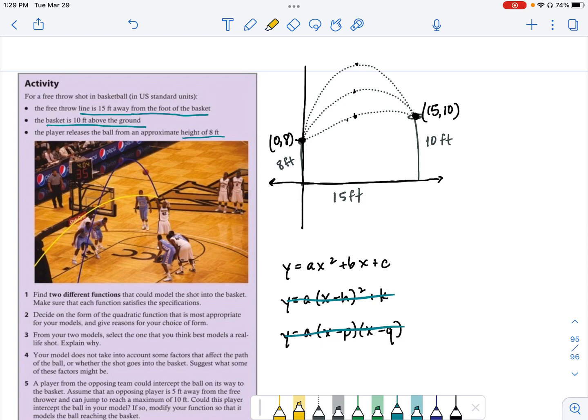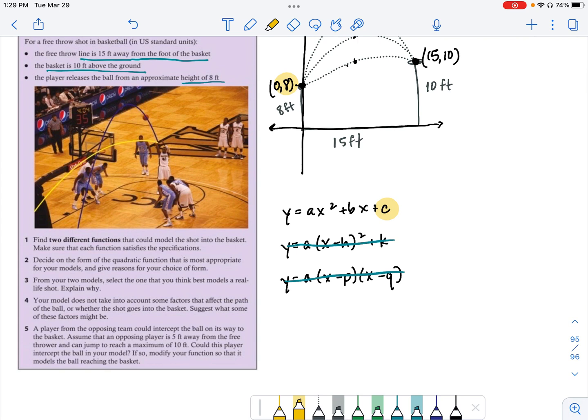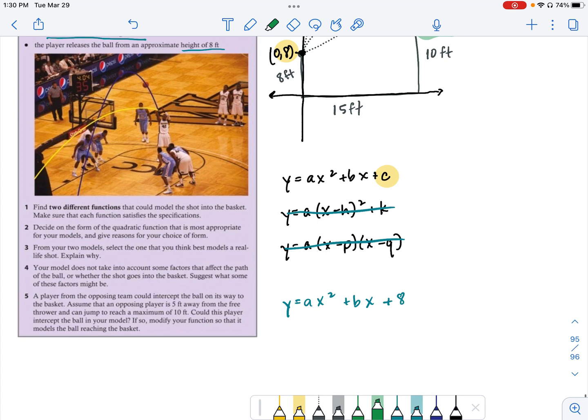However, maybe you'll notice that we have the y-intercept, which is c in standard form. So we're going to use that y-intercept and substitute it in place of c in standard form, giving us y equals ax squared plus bx plus 8. We also have another point, (15, 10), that we can utilize, and we can substitute that into the place of x and y.